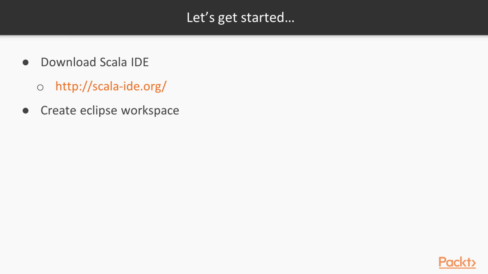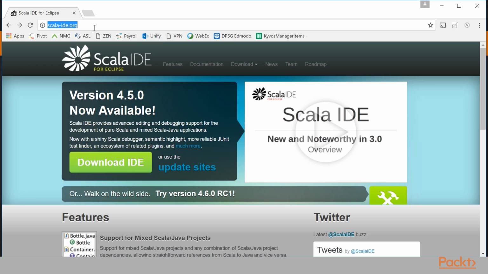Now let's start with programming. For doing programming in Scala, either we need to download the Scala IDE or we can directly code on the Scala console. So we'll see both the ways of doing the programming. First we'll download the Scala IDE from scala-ide.org.